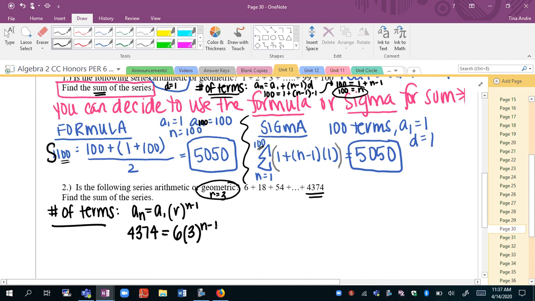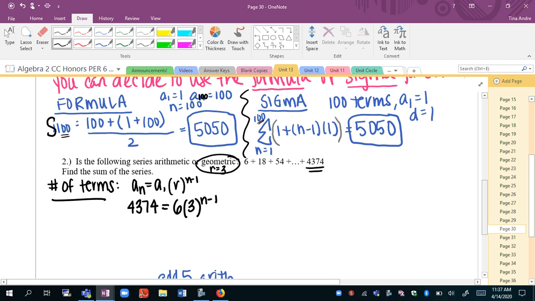I don't know what n is. That's what I'm trying to solve. I'm trying to figure out what n is when we're at 4,374. So now I'm going to divide both sides by 6. I get 729 equals 3 to the n minus 1. From there, we have to get common bases to be able to set my exponents equal.